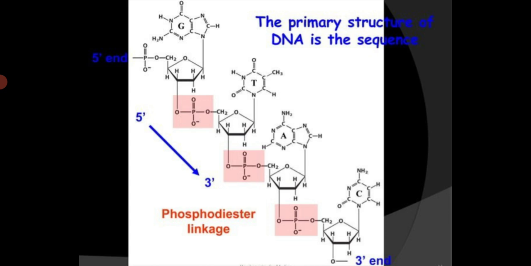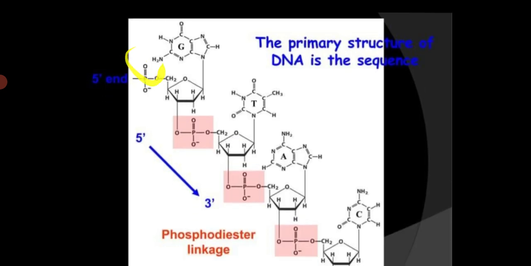Here there is a 3'-OH end, and 3'-OH end means that in the deoxyribose sugar, the carbon atom number 3 is free with an OH, whereas the 5th carbon atom of the sugar is with the phosphate group.